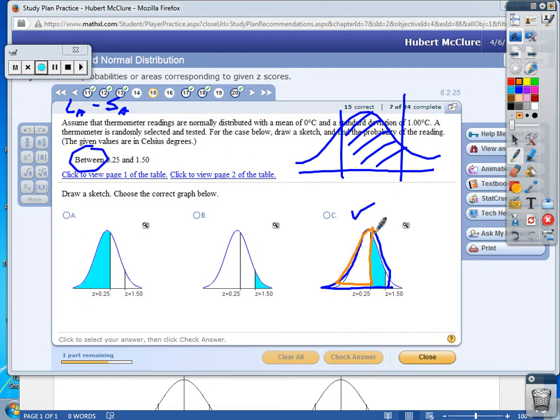What's left is this area right there. It's just like subtracting the distance from Greenville to Anderson, from Anderson to Spartanburg, to get the remaining distance right there.